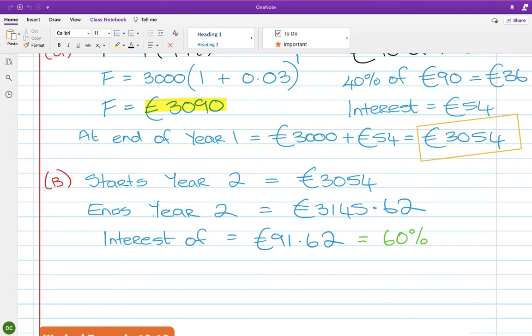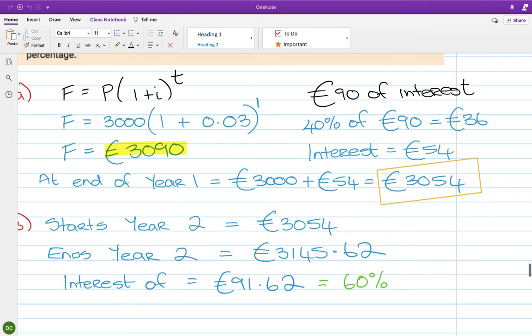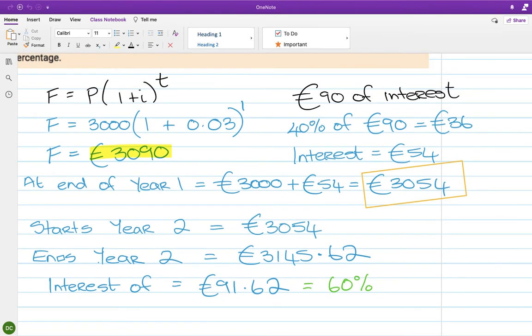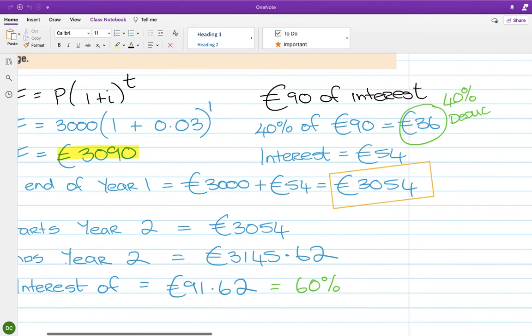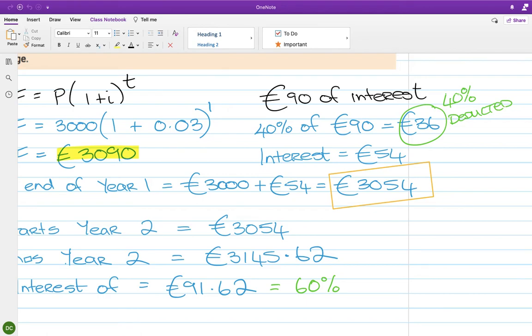Okay, so do you remember up here? If I go back up here, this number here is 40%, and that had to be taken away. That was deducted. So that left him with this 54, which would be 60%, which he got to keep.